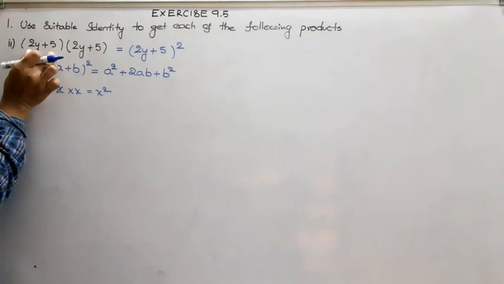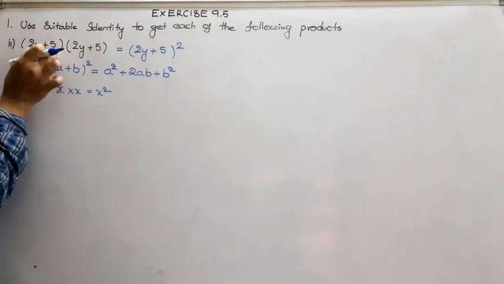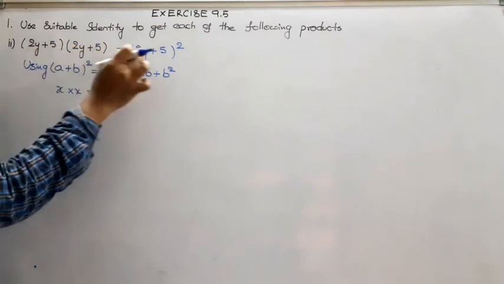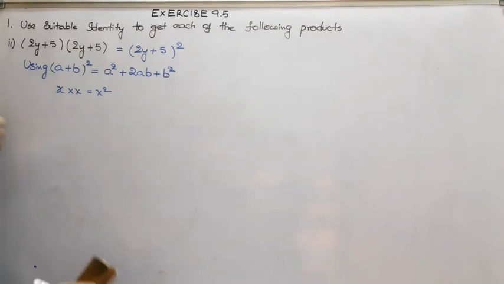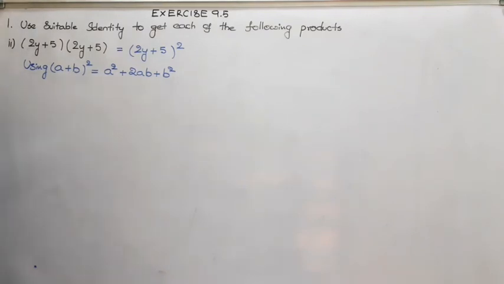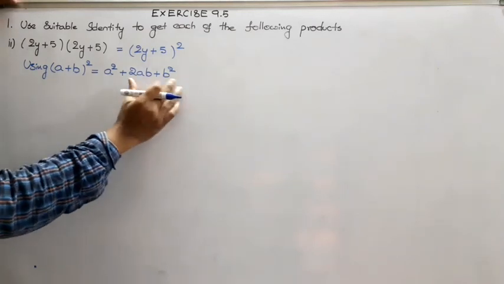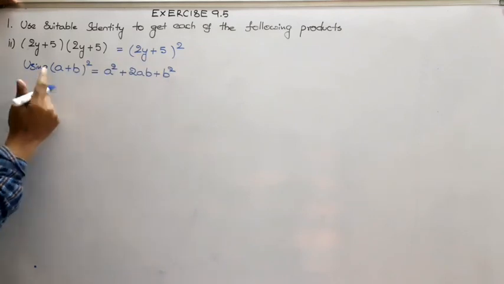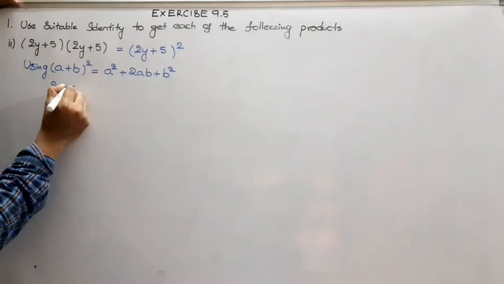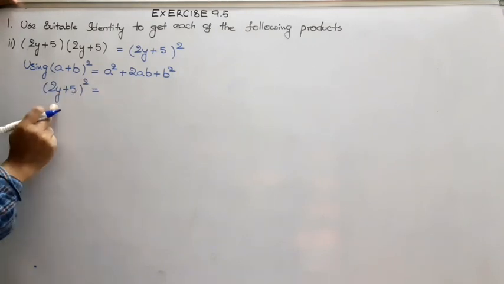If we take this 2y plus 5 as a common term, or a single variable, 2y plus 5 multiplied by 2y plus 5 gives us (2y plus 5) whole square, just like x into x is equal to x square. Now, using (a plus b) whole square is equal to a square plus 2ab plus b square, we can write (2y plus 5) whole square is equal to a square.